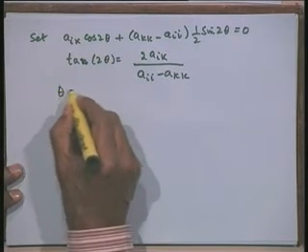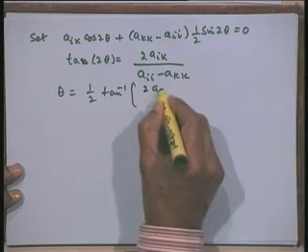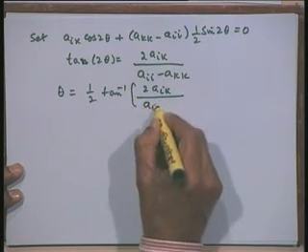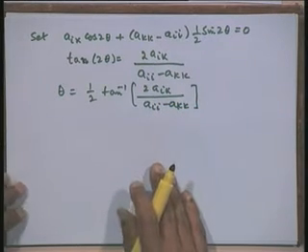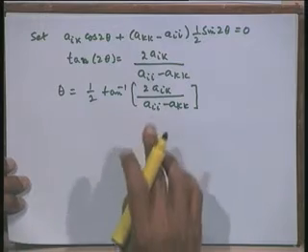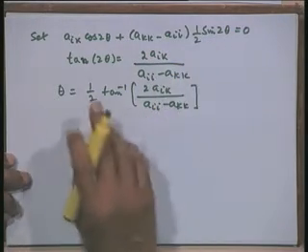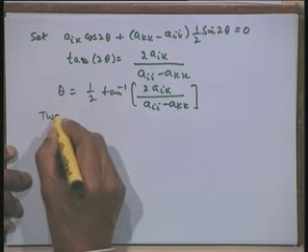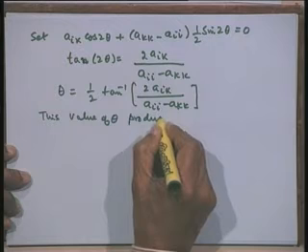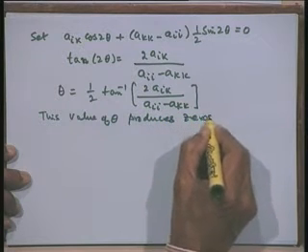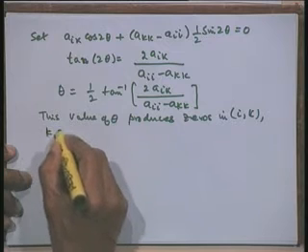Or theta is equal to half tan inverse of 2 times a_ik by a_ii minus a_kk. This value of theta will produce zeros in ik and ki locations.